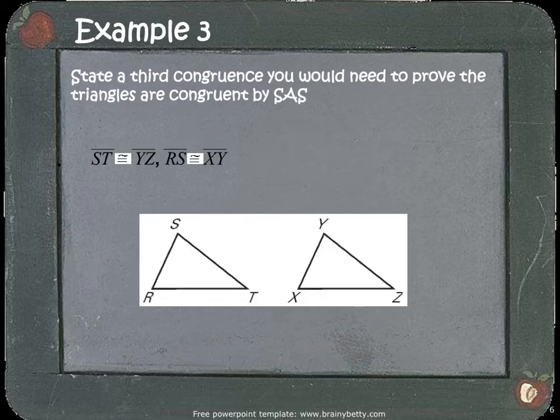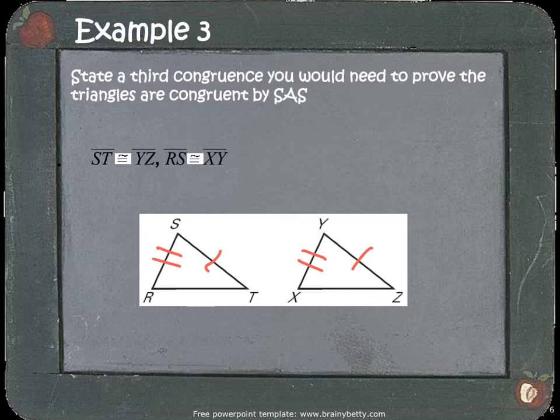So the next one says, state a third congruence you would need to prove the triangles are congruent by side, angle, side. So let's go ahead and add in the congruency marks of what is given to us. They gave us that ST is congruent to YZ, and RS is congruent to XY.